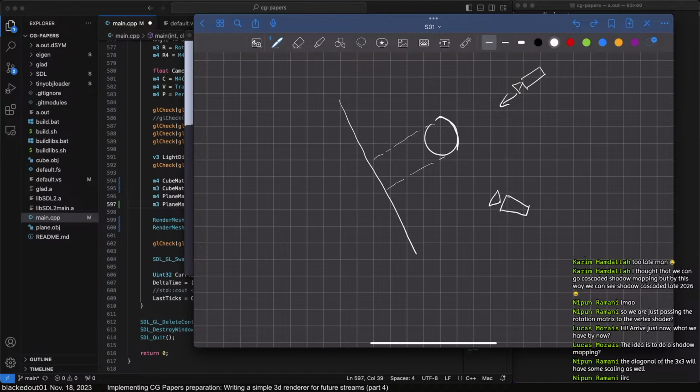Because then we can say, for example, let's say here was a depth value of 0, and here was a depth value of 1. Then the surface of the sphere would have roughly a depth value of 0.5, for example. And this part here would have a depth value of 1.